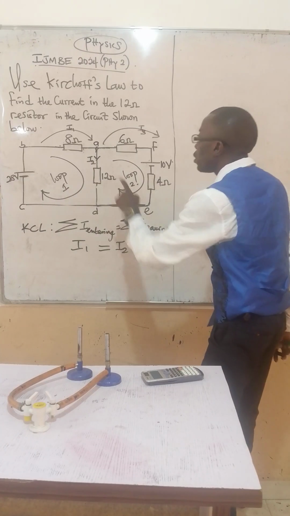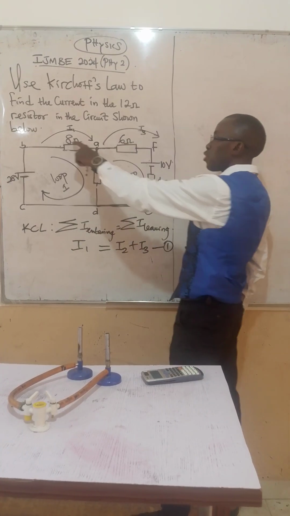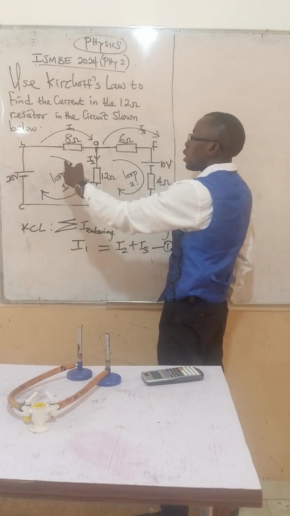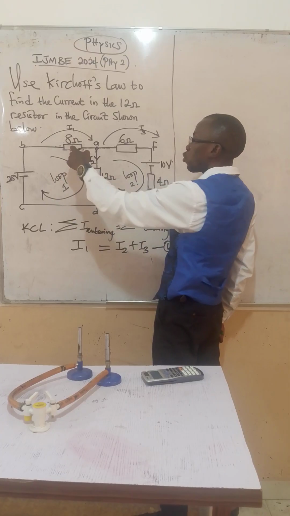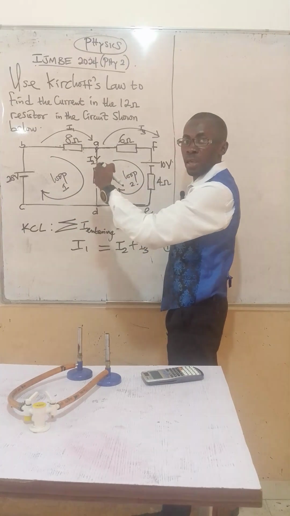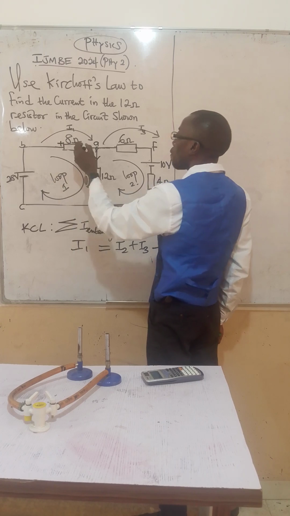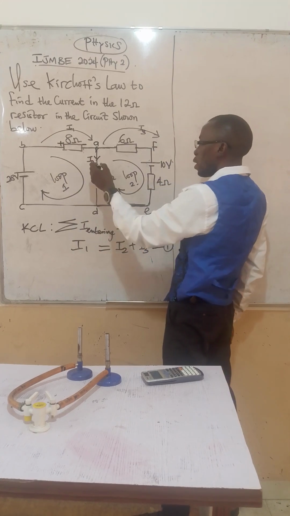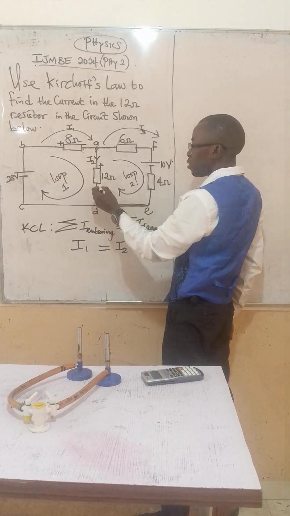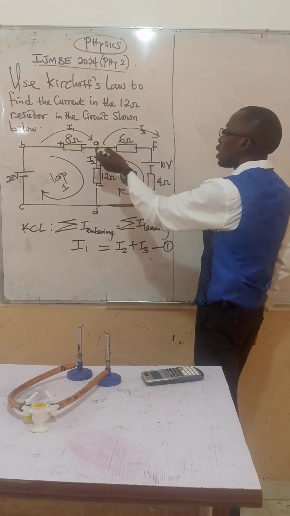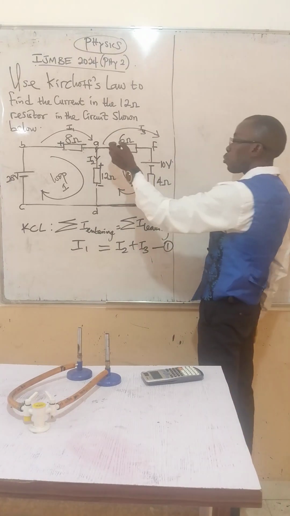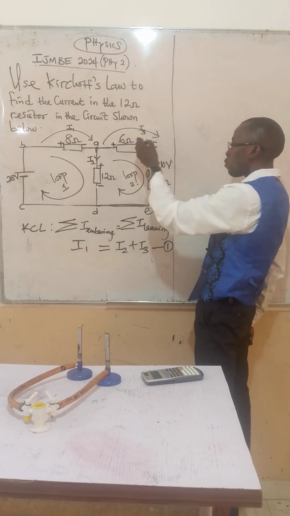Now, if you look at the direction of the current, the path through which the current enters the resistor is called the positive terminal, and this is the negative terminal. Here you have positive coming in through this, negative going out. Here also, coming in through this positive terminal, going out here you have negative.